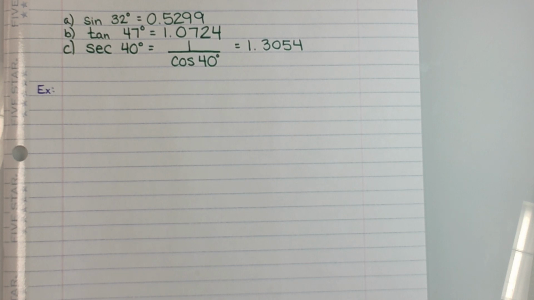It's the study of right triangles, yes, but more specific. The relationship between angles and sides of a right triangle, which means trigonometry can help us find and solve for angles and sides in right triangles.